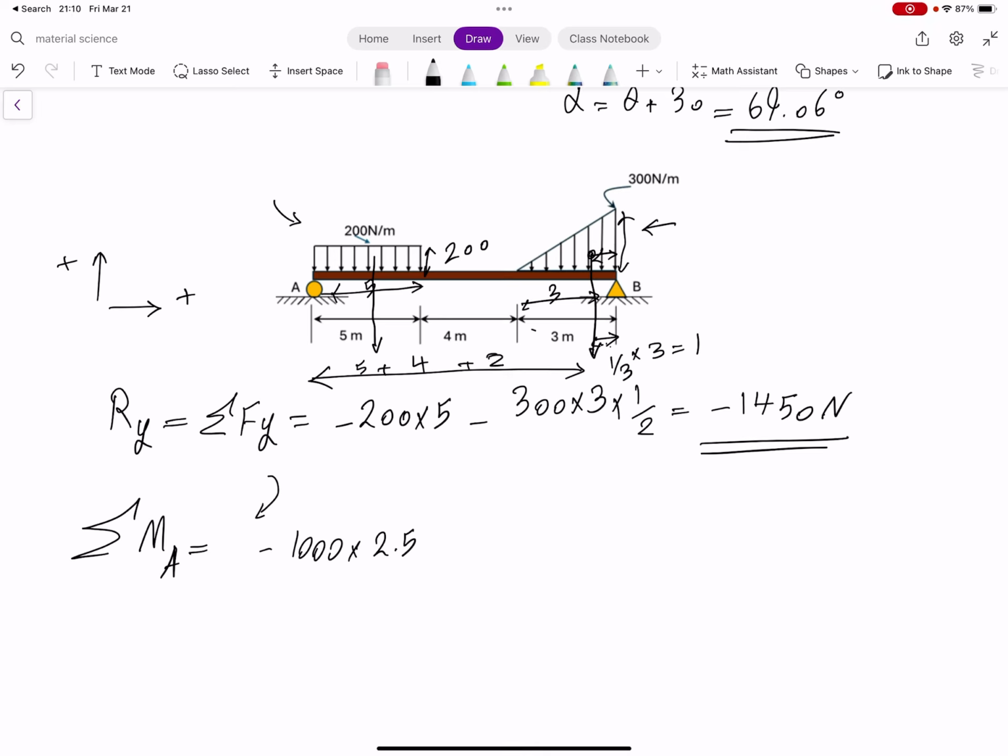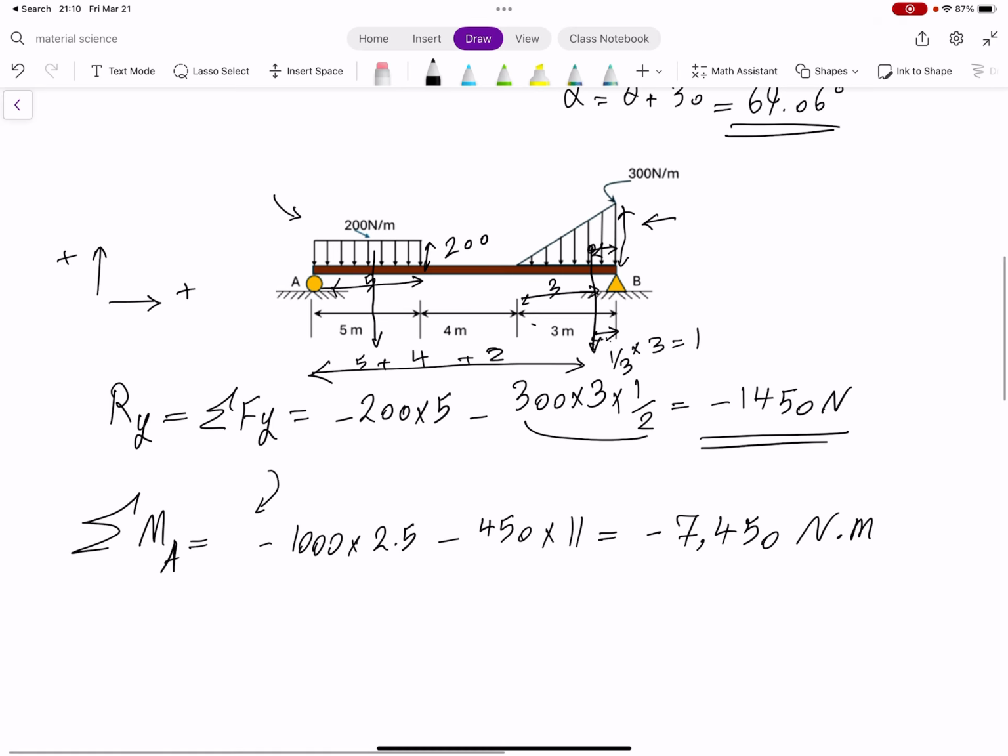So the distance will be 11, correct? So how much was the force? The force was this, 450, times distance 11, that will give you minus 7,450 Newton meter. Oops. So that's the moment.